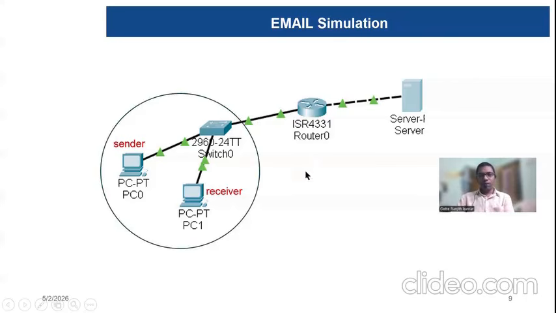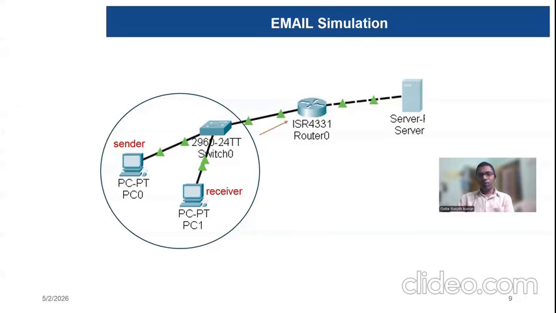When these are connected to the switch, this forms one local network. From this local network, when a system wants to send an email message, those systems must be connected to the internet. The connection to the internet will be made through the router. That's why this local network will be connected to the router.